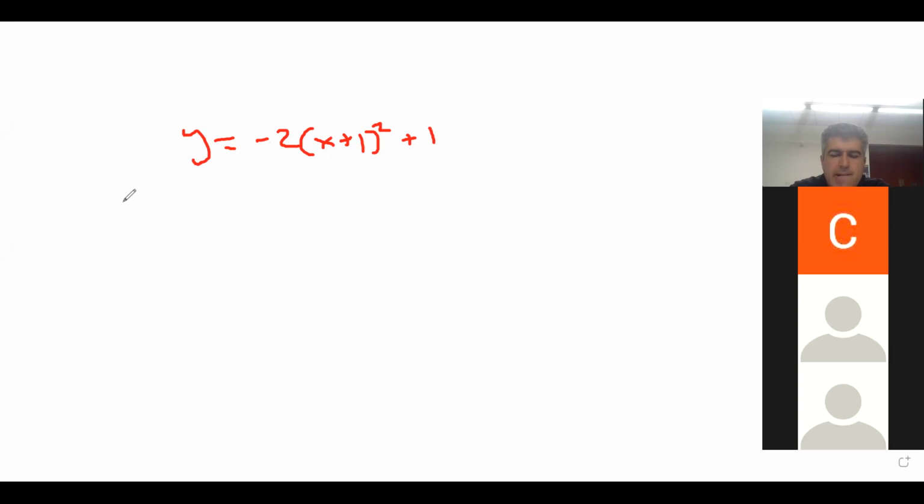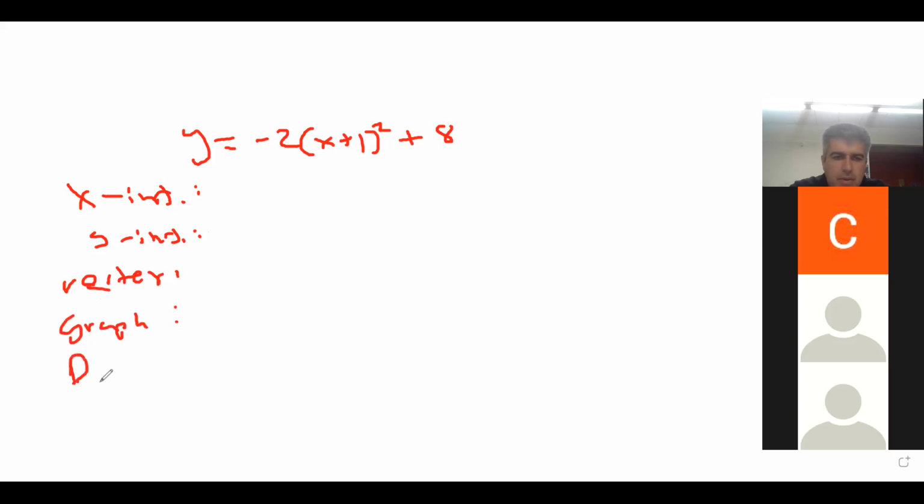Actually, let me switch it up to x-intercept, y-intercept, vertex, graph. Let's do domain and range.